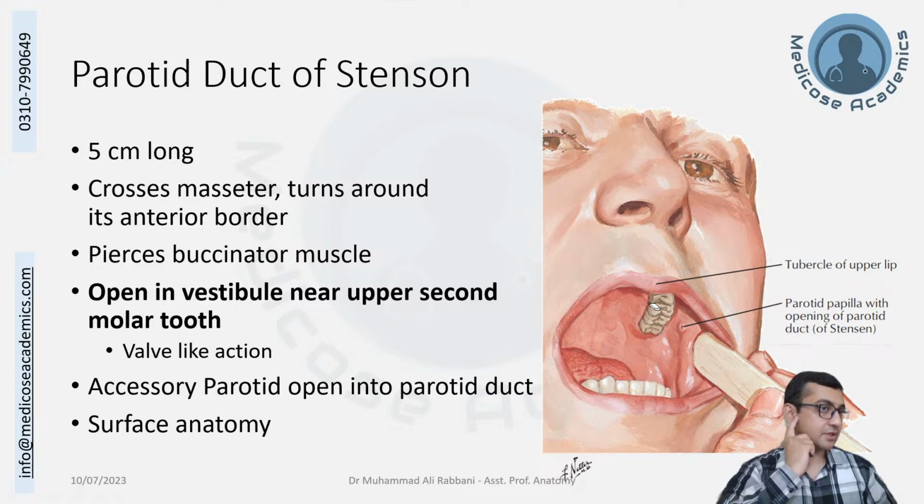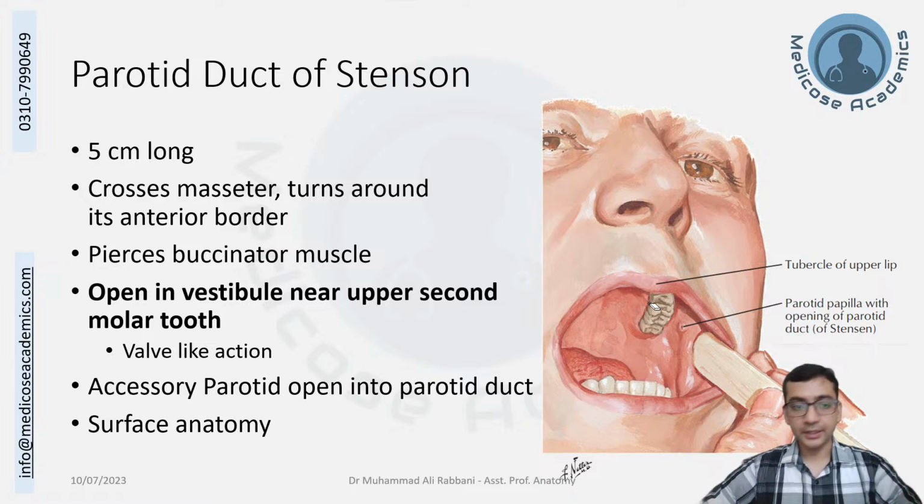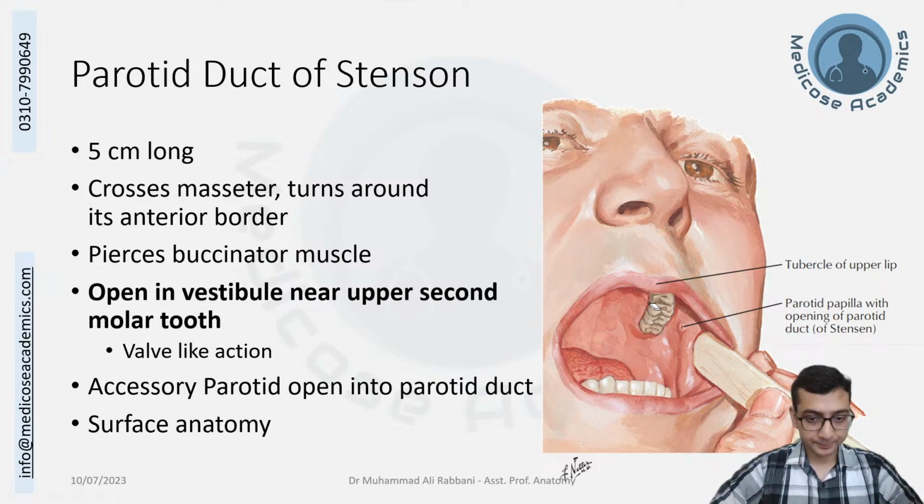If you make a line between these two points like this, the parotid duct is present in the medial one third of this line. And if you clench your masseter muscle and place your finger, you may actually be able to palpate the parotid duct. This is the parotid duct and this is the surface anatomy.